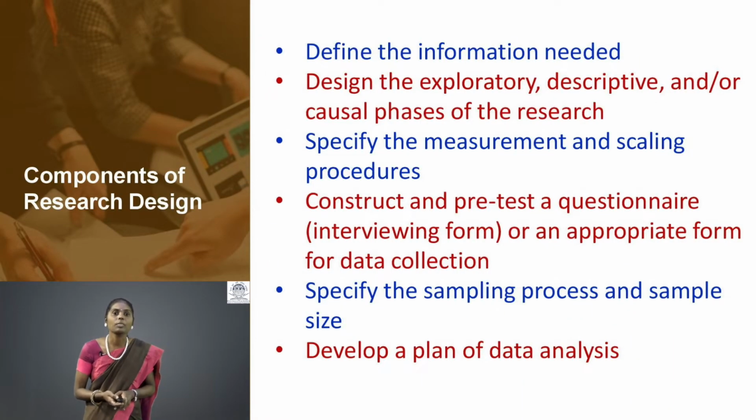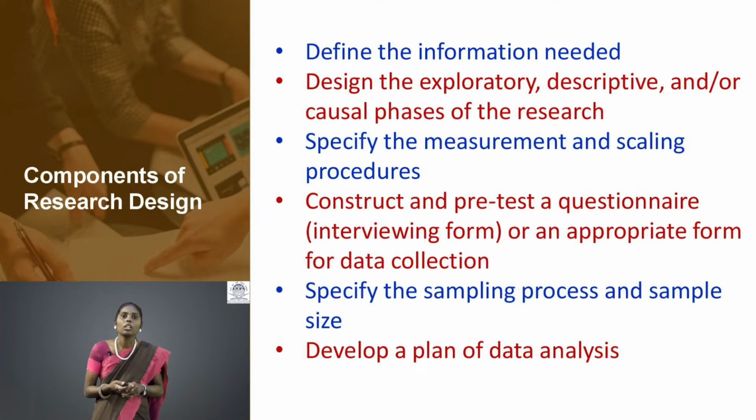So let us look into components of research design. What are some of the components of research design? First is to define the information needed. Define what is that information we need to collect or we need to study. In the previous session we looked at an example of my friend who wanted to study the willingness of tea stall owners to replace their old tea making machine which uses milk powder with the new tea making machine which uses milk.